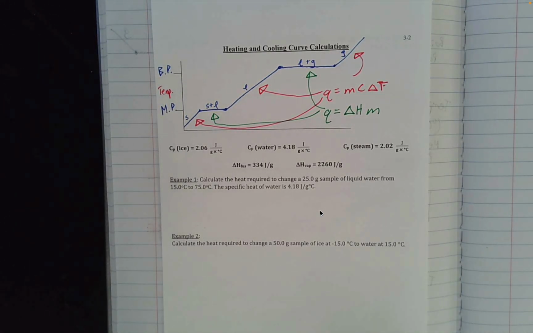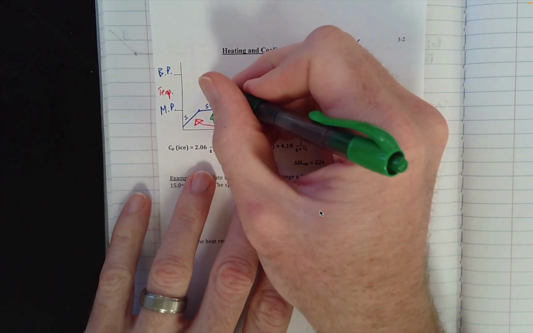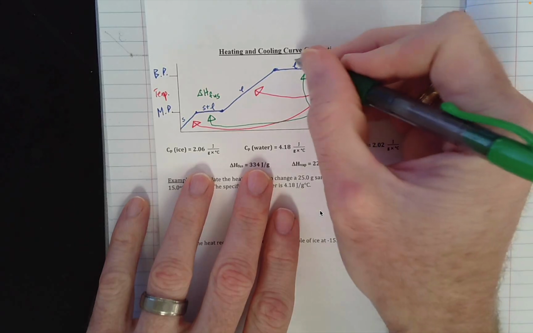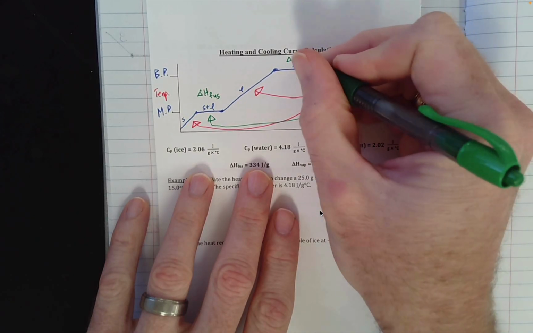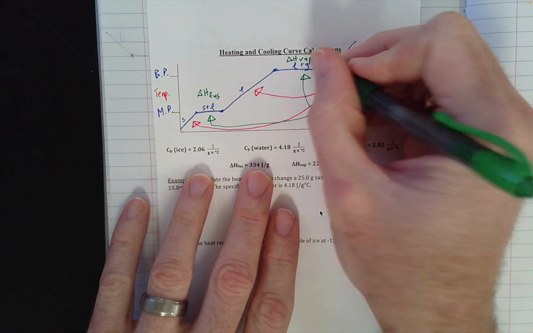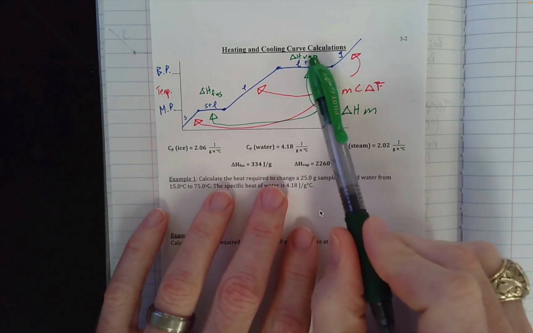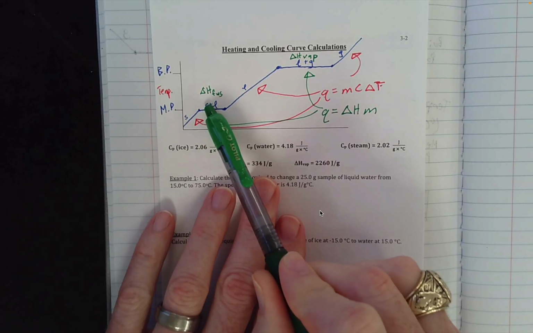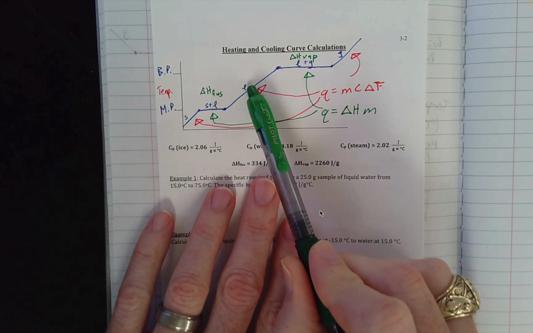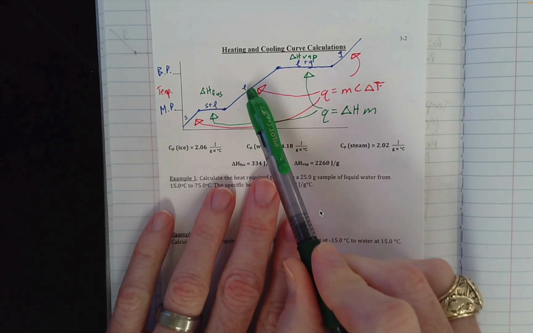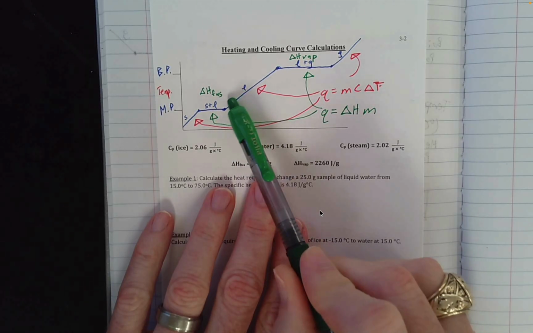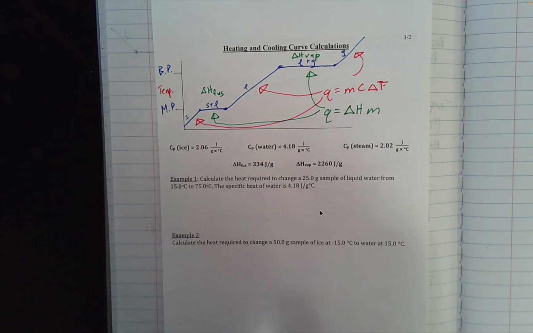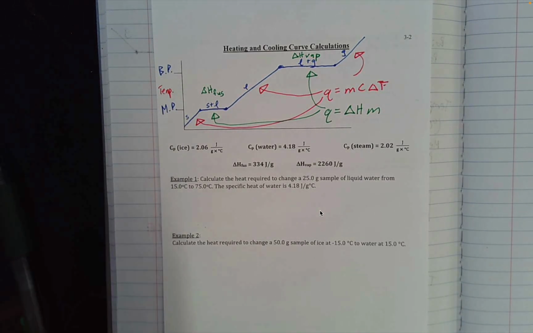All right, now this one would be the ΔH of fusion, and this one would be the ΔH of vaporization, right? Vaporization because it's going from liquid to a gas. Fusion because it's going from a solid to a liquid, and going this way, you would fuse those particles together, right, as a solid.